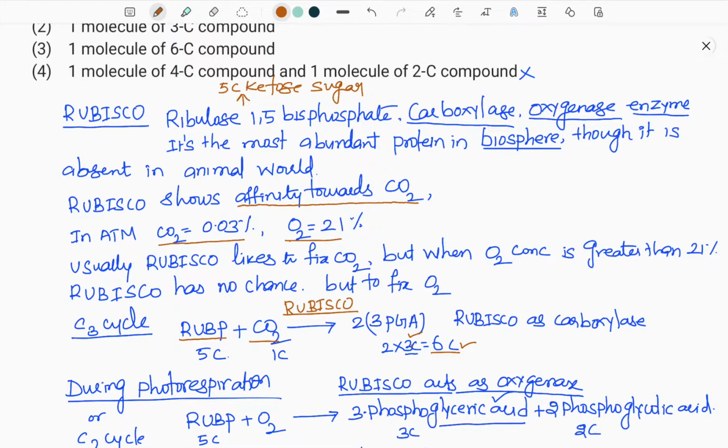Especially in the afternoon, like 1 o'clock, 2 o'clock, 3 o'clock in the midday, suddenly we get suffocated. That is, we don't get enough oxygen to breathe. The same problem arose at some place in the US.